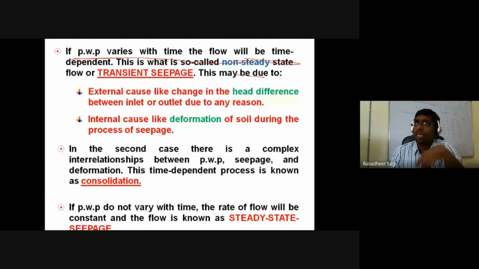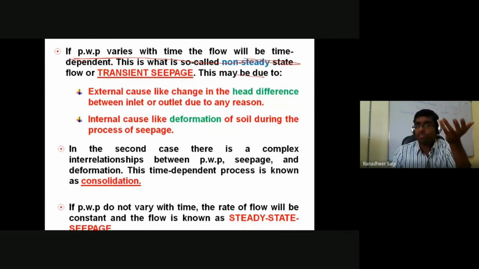Transient flow means the flow condition is not the same at different intervals of time, rather the flow condition is changing with time. Such kind of seepage happening in the soil is what we call transient seepage.